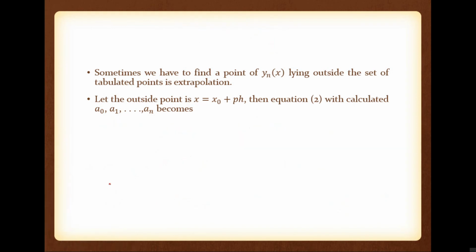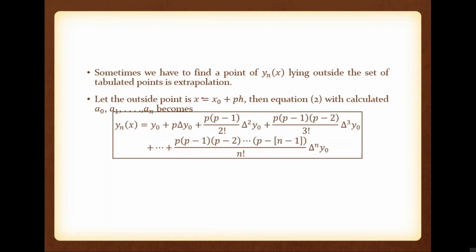Okay, so I am repeating this. We can see that after replacing x with xp, yp is equal to yn of xp, that is equal to y0 plus p into delta y0 plus p into p minus 1 divided by 2 factorial into delta square y0 plus p into p minus 1 into p minus 2 divided by 3 factorial into delta cube y0 plus etc. plus p into p minus 1 into p minus 2 into etc. into p minus n minus 1 divided by n factorial into delta raised to n y0, where p is equal to the new point xp minus the first point x0 divided by h.